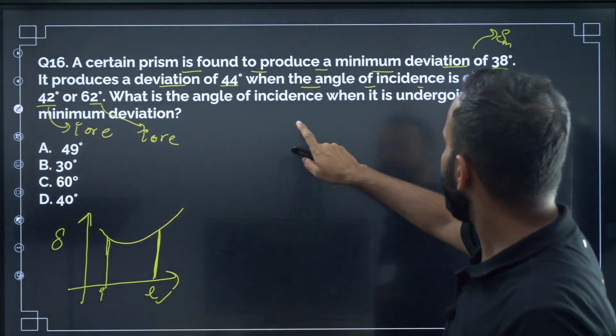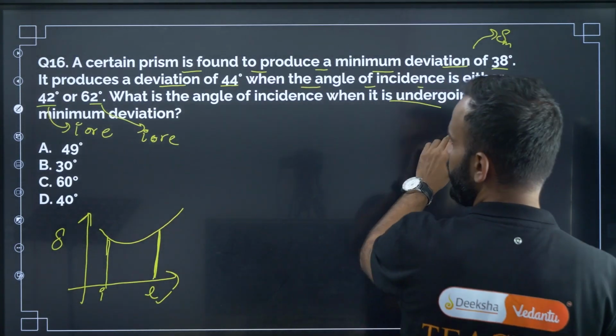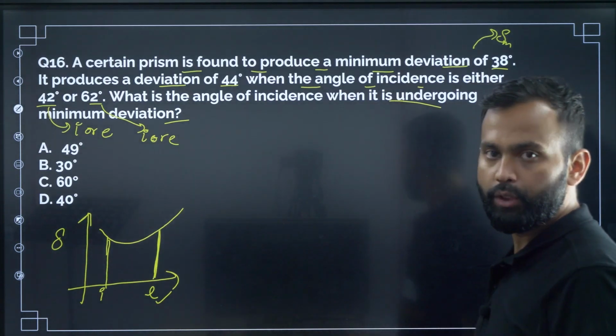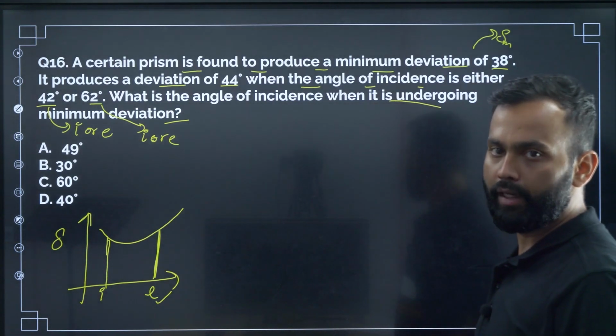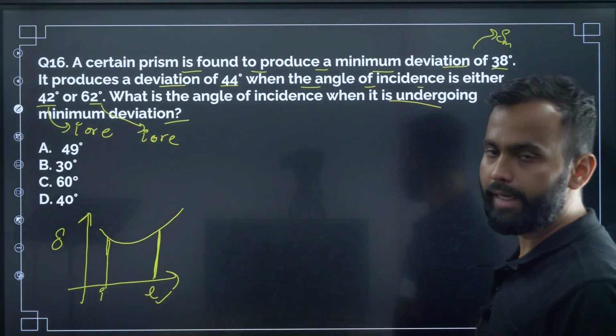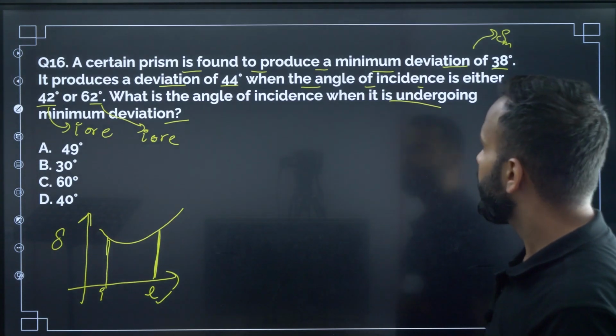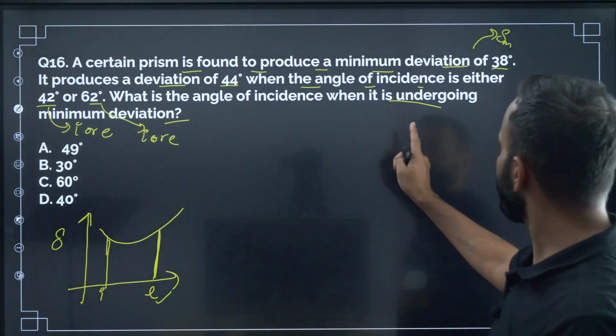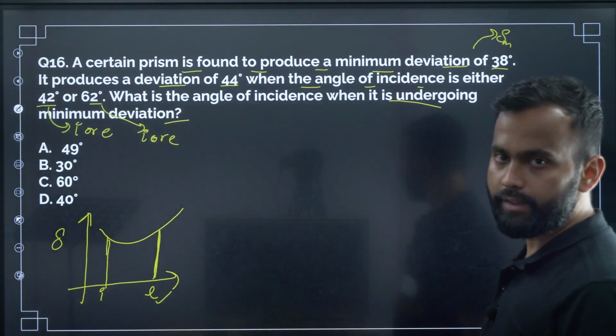Okay, what is the angle of incidence when it is undergoing minimum deviation? So we know the relationship between angle of deviation, angle of incidence, angle of emergence and angle of prism, right? Here we need to find the angle of incidence.